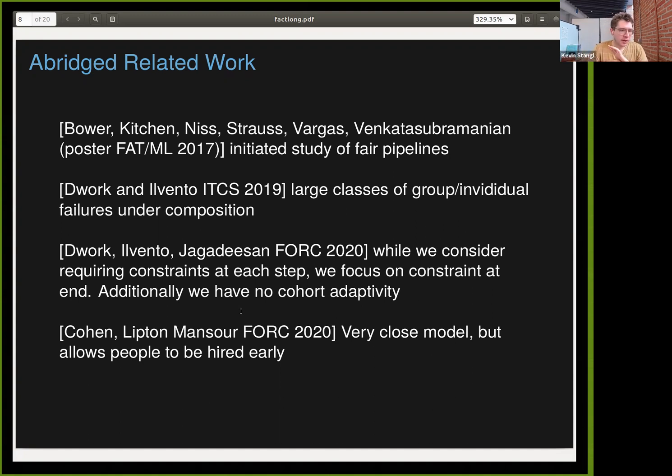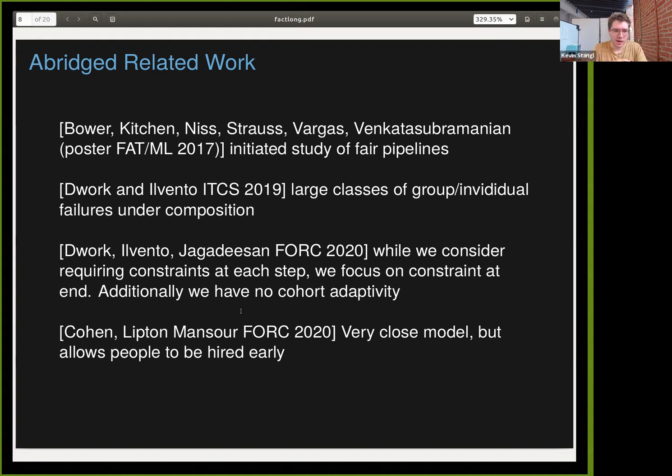Zooming in on the third citation, Dwork, Ilvento, Jagadeesan, and Fork 2020, a lot of what they think about is selection rules that depend on the cohort context, and how to design the cohorts and the selection rules such that if you don't control some of the future stages, the actor still has to do something that is sort of fair.